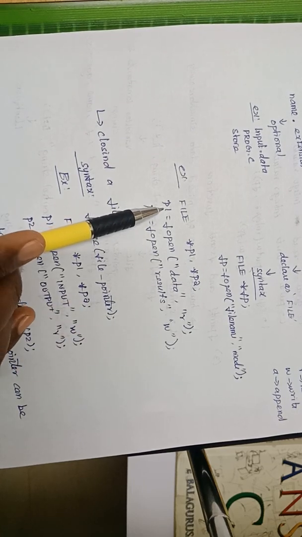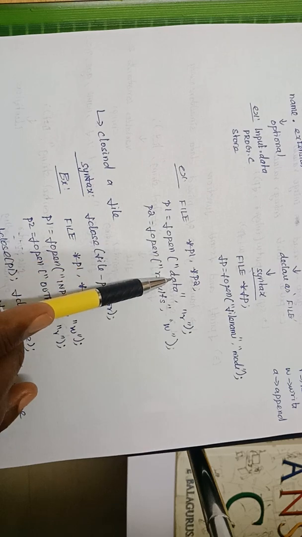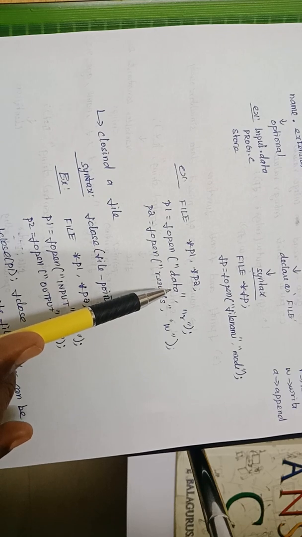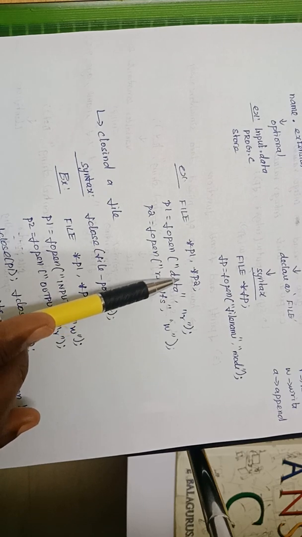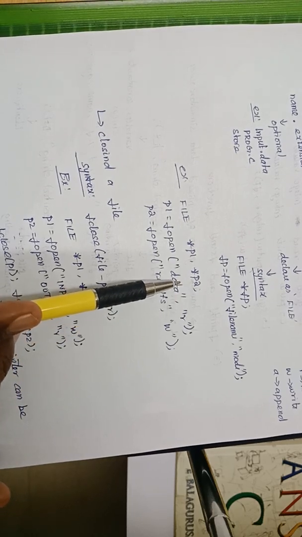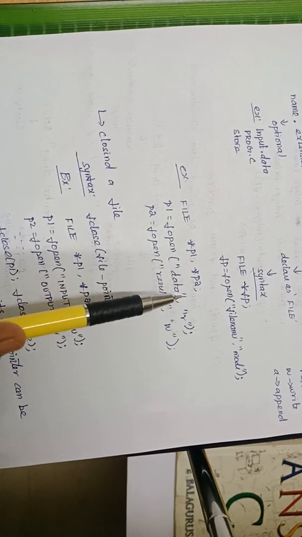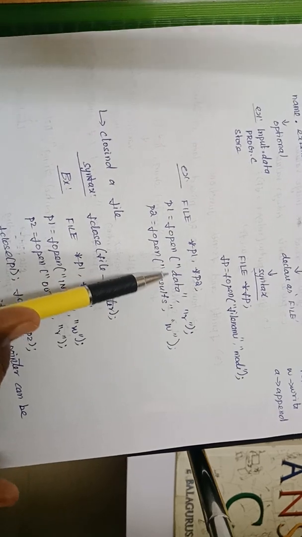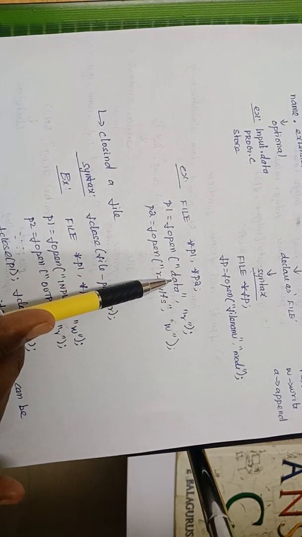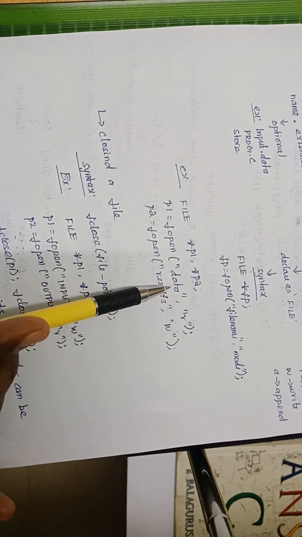Now this p1 makes a link with data. Data is a file that is already stored in the system. p1 and p2 are the pointers that are created in the program. So this pointer goes and makes a link with the data file that is stored in the system.